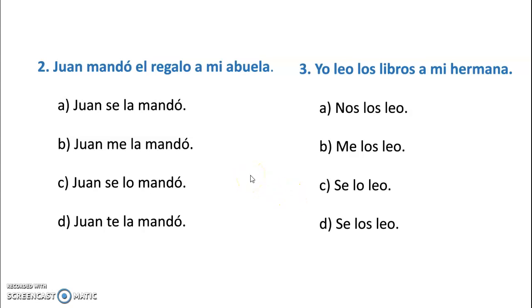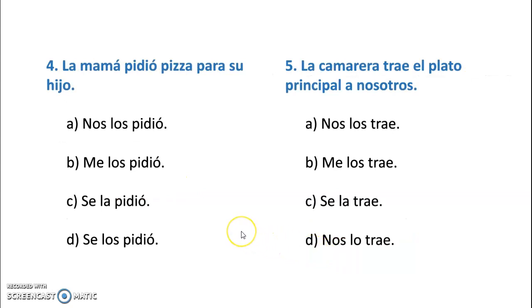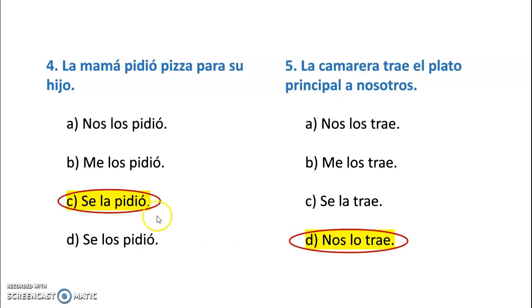You can pause the presentation and I'll give you the answers on the next slide. Juan se lo mandó, se los leí. Next two. Se la pidió, nos lo trae.